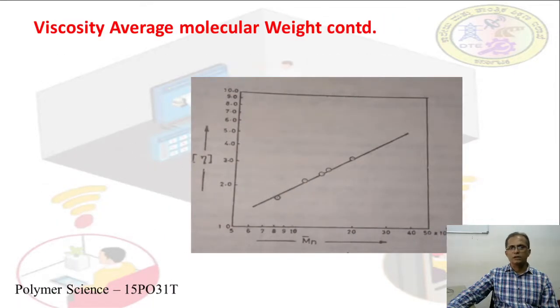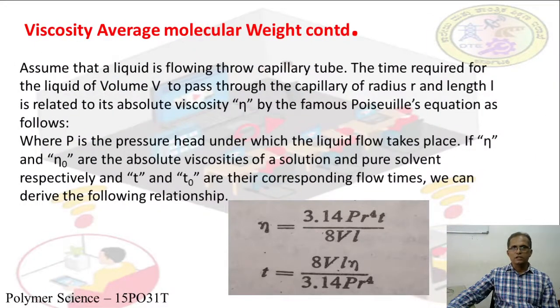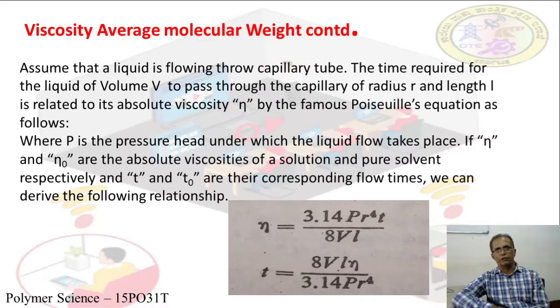This is the plot of Mn average versus eta. The straight line at different intrinsic viscosity, molecular weight is shown in this plot. Assume that the liquid is flowing through a capillary tube.